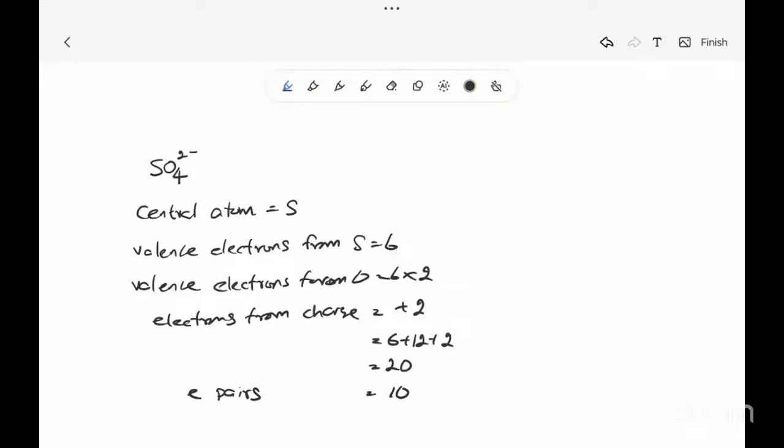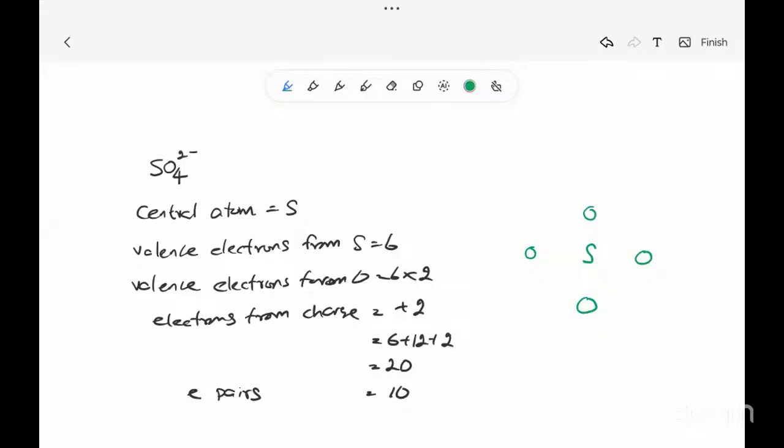Then placing the bond pairs first, right? So the sulfur will be the central atom. Then oxygen will be the leaf atoms, or the terminal atoms, right?